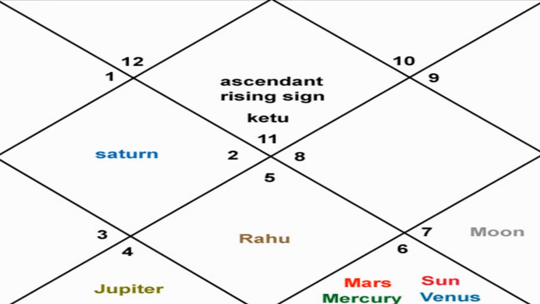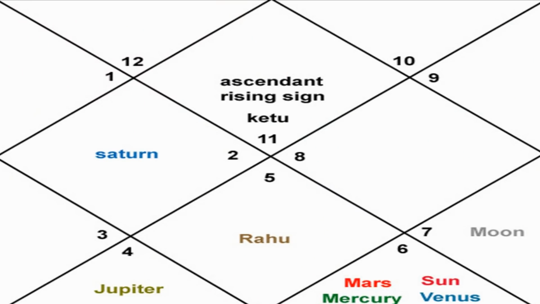The only one that was not good is Moon. But then if you look in divisional charts, then Moon plays that good part. Which I'm not going to discuss, I've already spent so much time here. Okay. And then if you look at Ketu, Ketu is in his ascendant. And Ketu is 8 places, I mean, 7, 8, 9. No, Ketu is 10 places away from Saturn. Again, Kendra position.